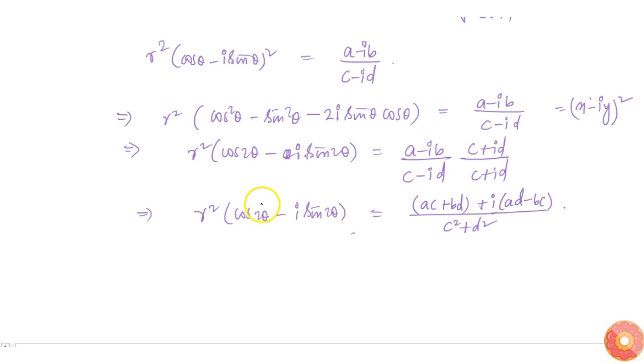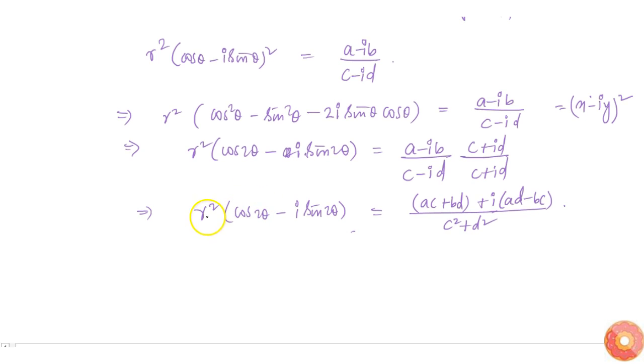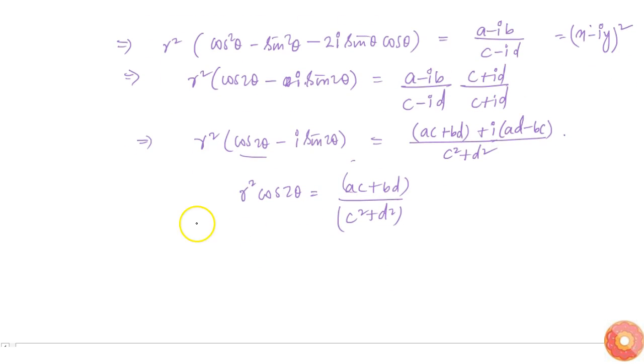So once we know this, r square cos 2 theta is equal to ac plus bd by c square plus d square, and r square sin 2 theta is simply equal to ad minus bc by c square plus d square.